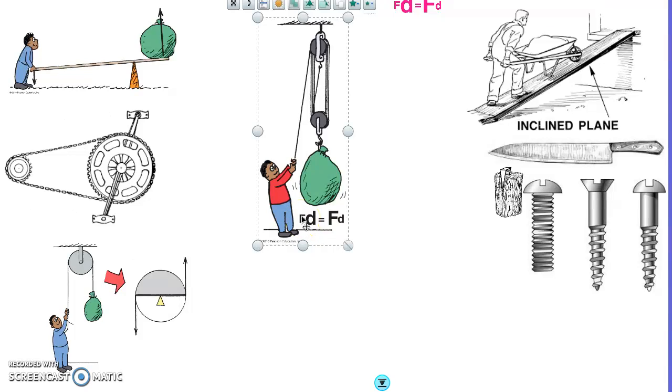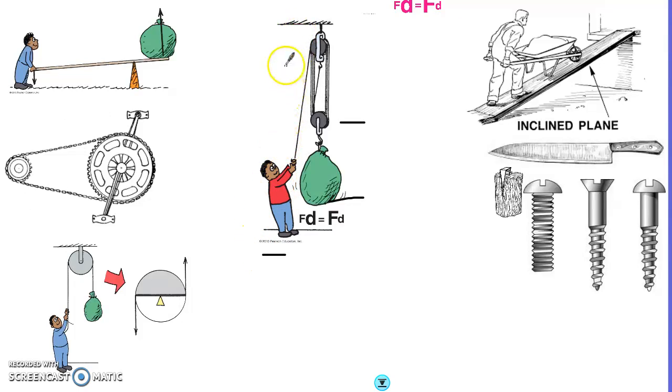But if the work is the same, the only way it can stay the same is if the distance increases. So in other words, for this bag here to go from here to here, he might have to pull a pile of rope that might be twice that long. So he's having to exert less force for a greater distance of rope, and he's going to have to pull on the rope a lot farther than the bag actually moves up.